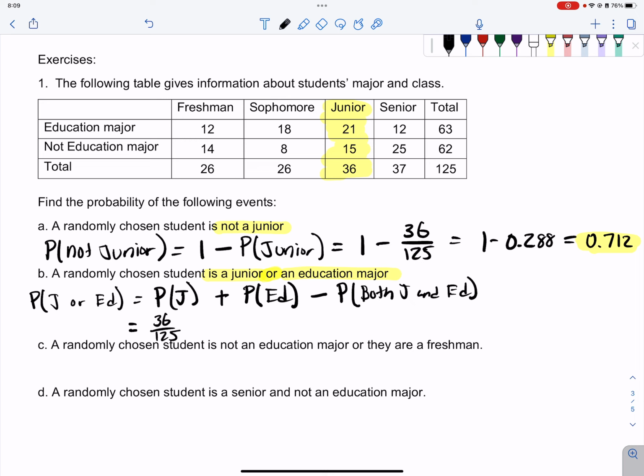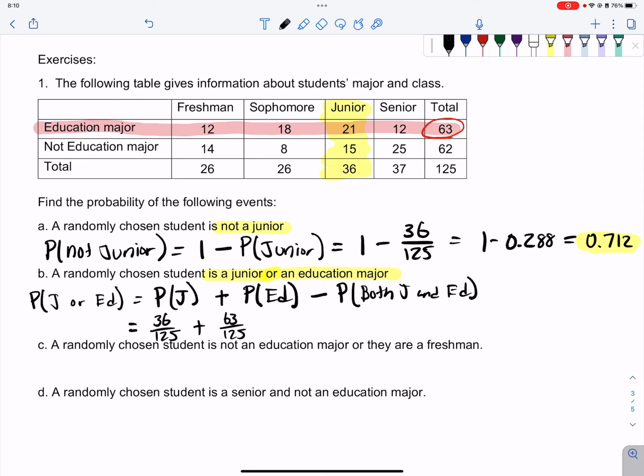And then we need to take a look at our education row. So we have education major, and we have that there are 63 total education majors. So the probability that they're an education major is 63 out of 125.